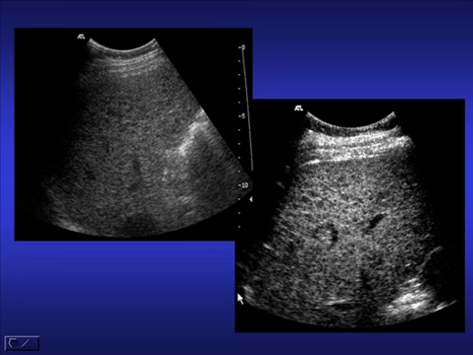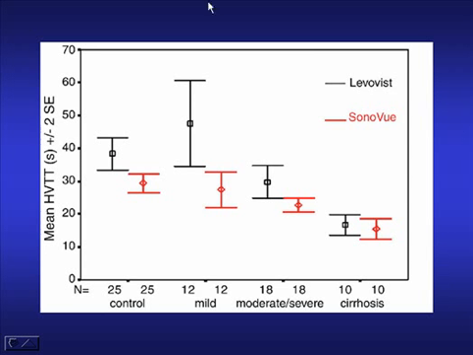After administration of contrast and viewing in the delayed phase, we can see that this nodular pattern has been enhanced, and we can see much more clearly the individual nodules, their size and size variation that make up the standard cirrhotic pattern. So we can use this in diffuse liver disease not only for detecting malignant focal lesions, but also for enhancing the pattern of nodule formation.